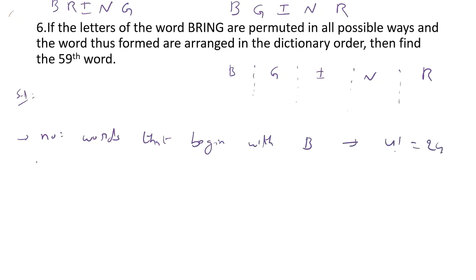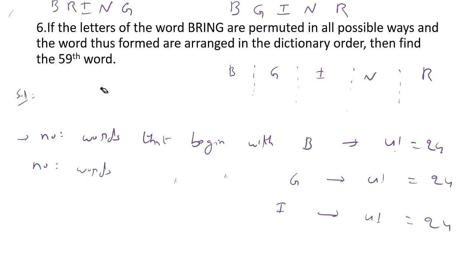Similarly, number of words that begin with G is going to be 4 factorial, which is 24. And similarly, number of words that begin with I is going to be 4 factorial, which is 24. 24 plus 24 is 48. 48 plus 24 is 72.